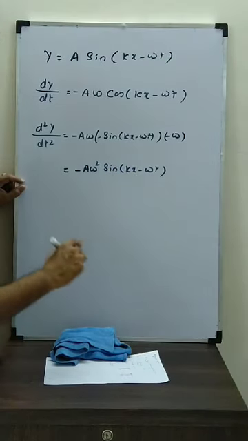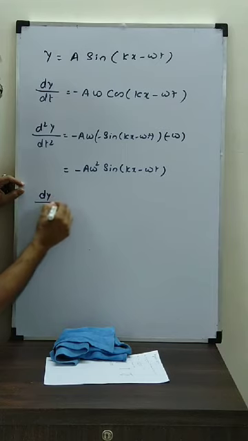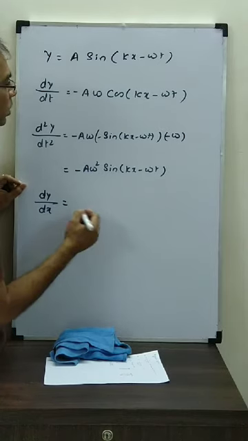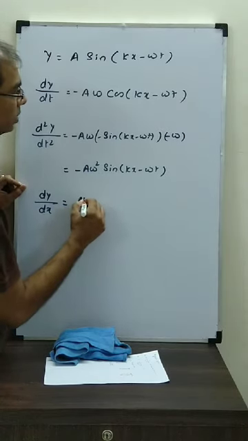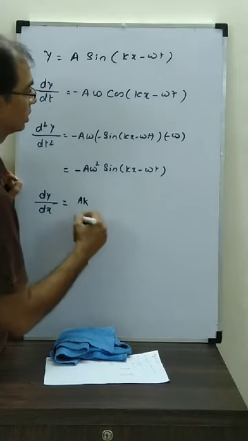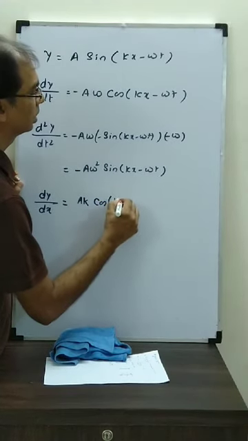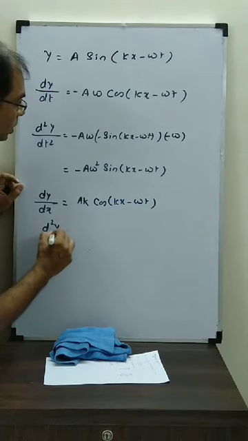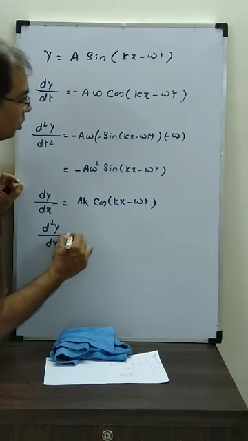Now differentiate the original function, this time with respect to x. Once with respect to t, then with respect to x. So see what's coming here. Again, this we did in the last class also, that is ak cos of kx minus omega t. One more time, so d square y by dx square. What's going to come now?